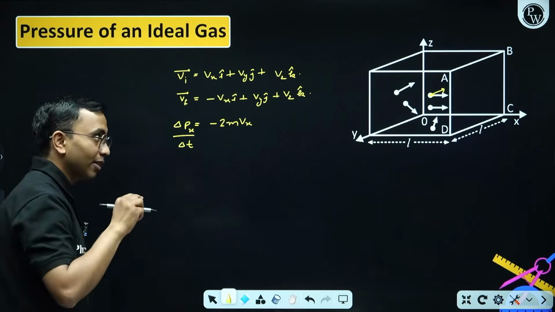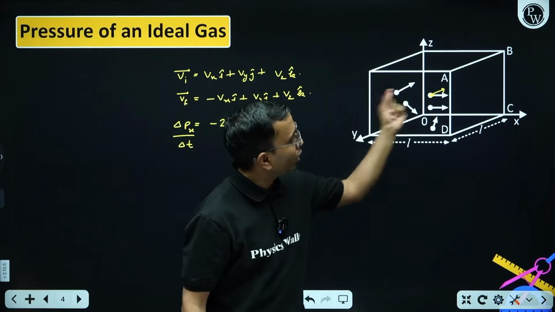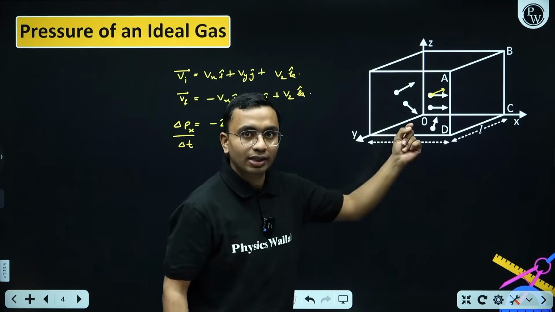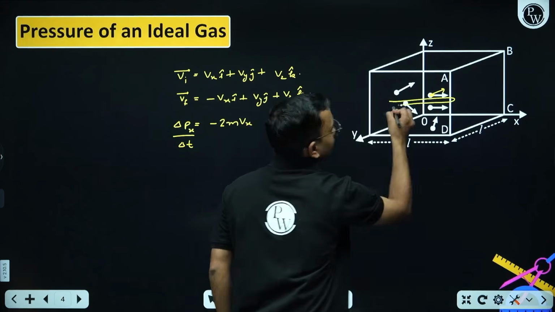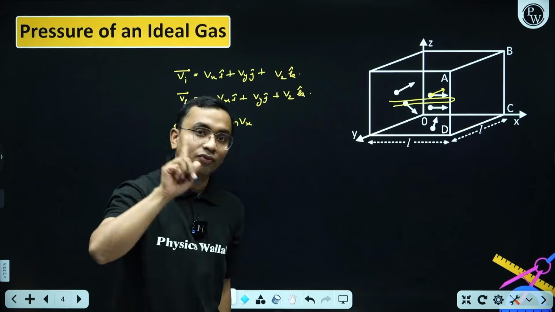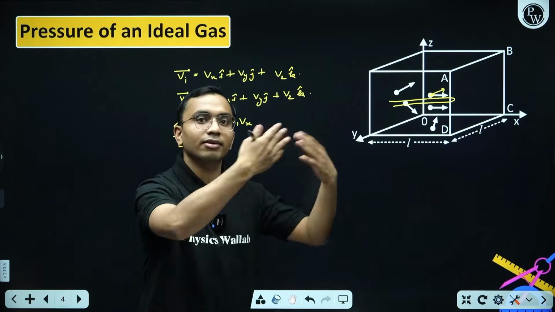Delta t is the time the collision took. This is one collision; in how much time will it collide, go back, and then again come? The total time it takes is: it is traveling 2L length along the x-axis for one collision. After that, another 2L length for another collision.